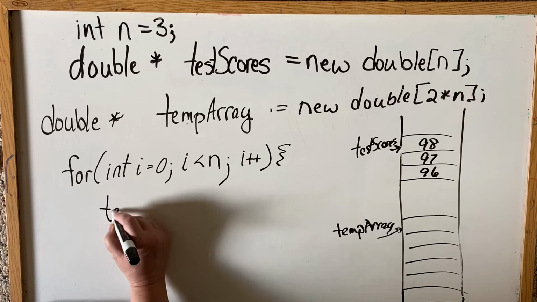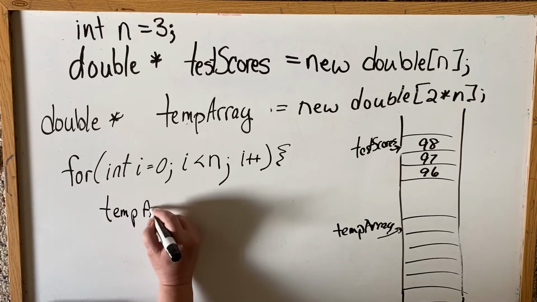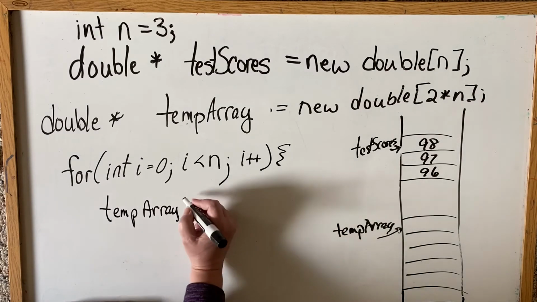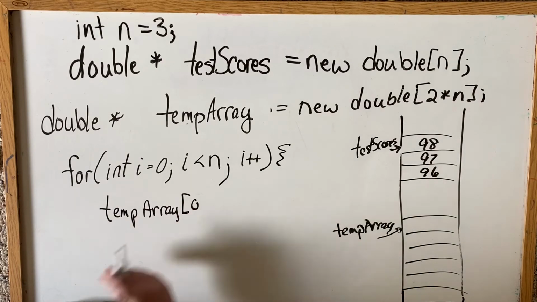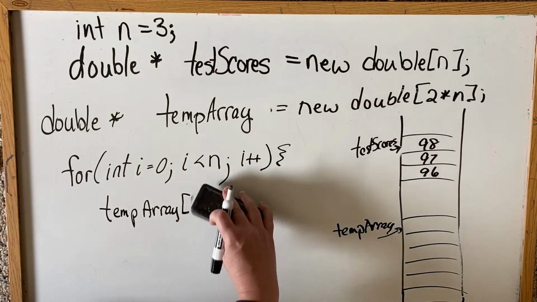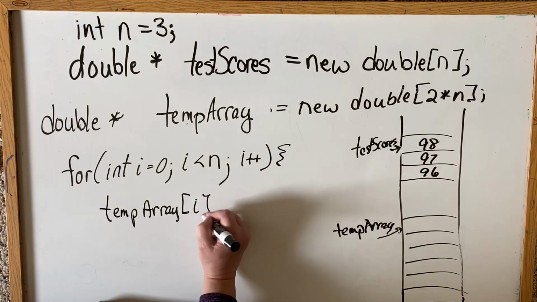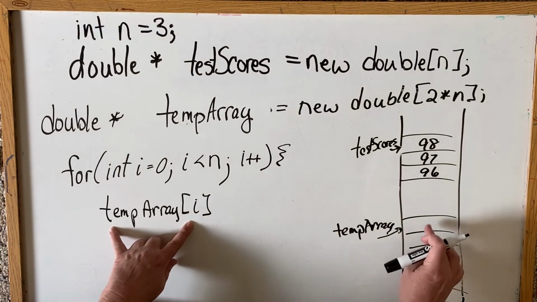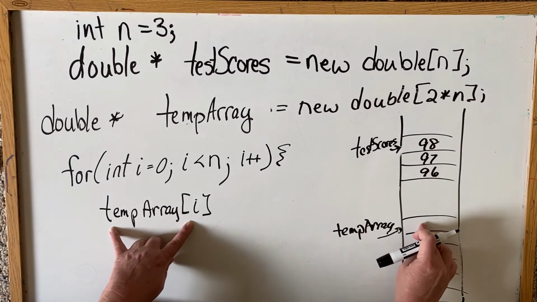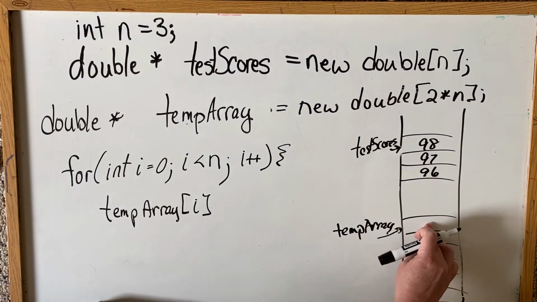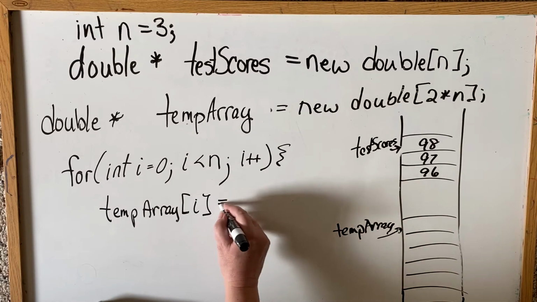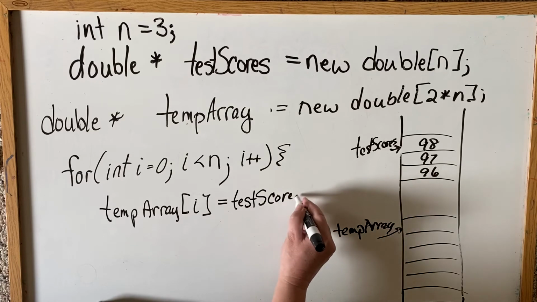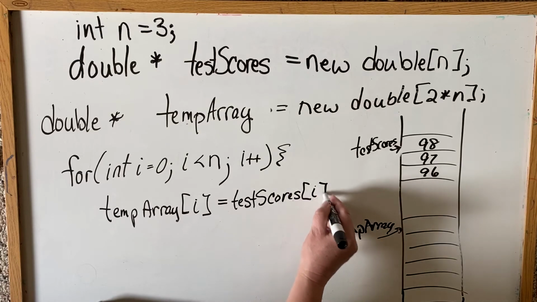Then we want to take the location from temp array at I, and I is 0 the first time. So this spot right here, we want to copy in from our test scores also the value at I.